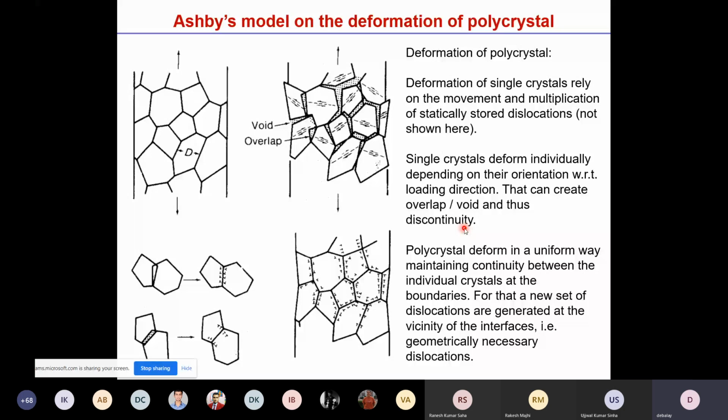A polycrystal deforms in a uniform way, maintaining continuity between the individual crystals at the boundaries. For that, a new set of dislocations is generated in the vicinity of the interfaces. That is the geometrically necessary dislocations.